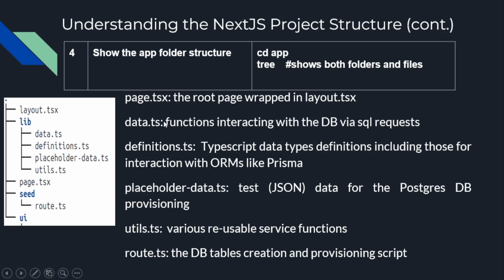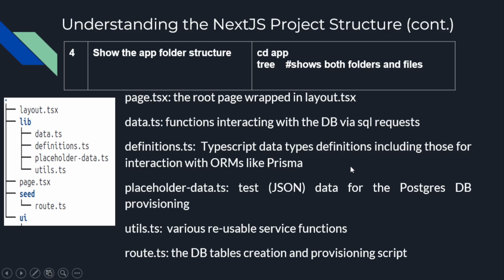Okay, data.ts contains functions interacting with the database via SQL requests. That's pretty easy. Definitions.ts is actually the TypeScript data types definitions, including those for interaction with ORM sources like Prisma.